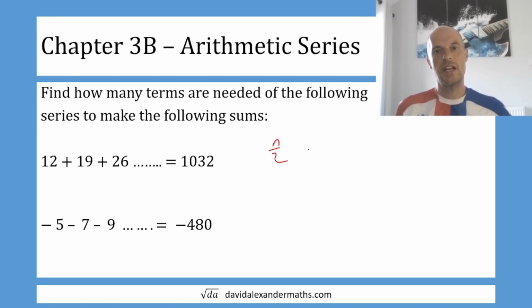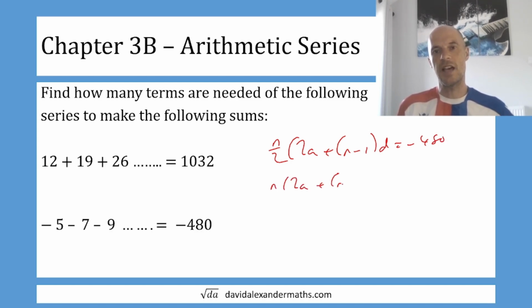So here we know that n over 2, lots of 2a plus n minus 1d is negative 480. So if I double it, n lots of 2a plus n minus 1d is negative 960. We don't know what n is, but we know that a is negative 5, so 2a is negative 10.